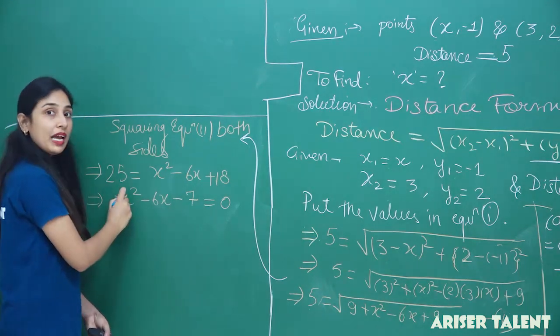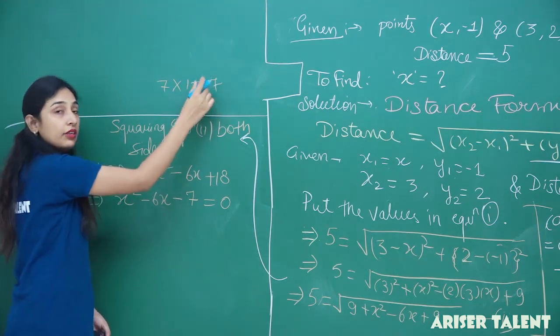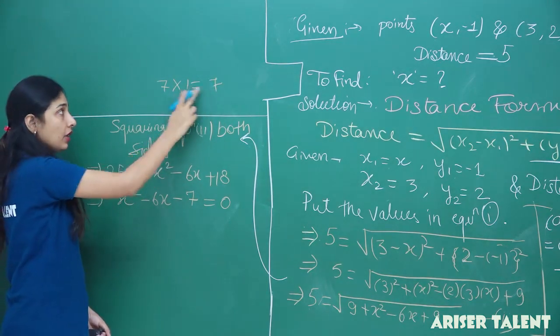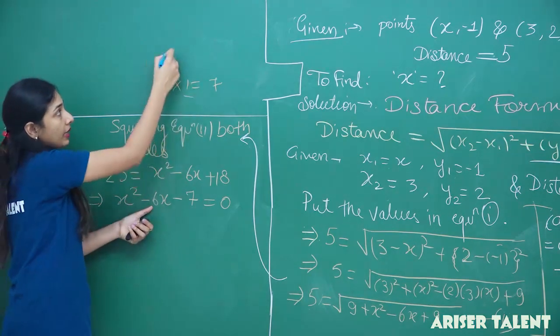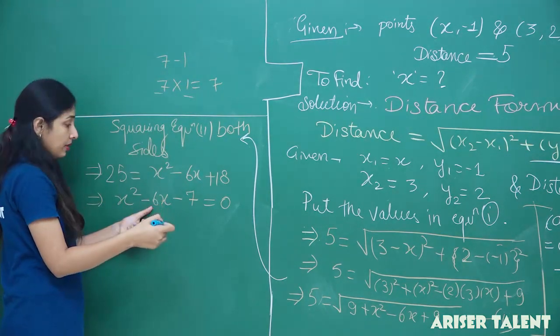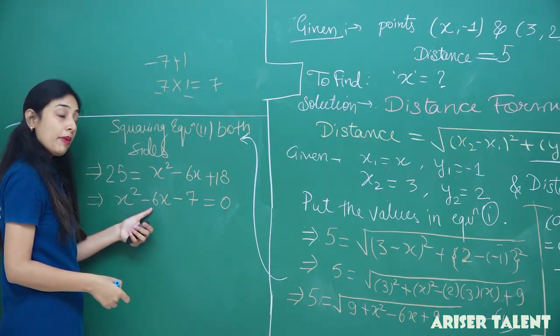Now, 7 multiply 1 is 7. Now, you have to bifurcate 7. How can 6 be written in this form? 7 minus 1. But it is having a minus. So, minus 7 plus 1 is what? Minus 6.